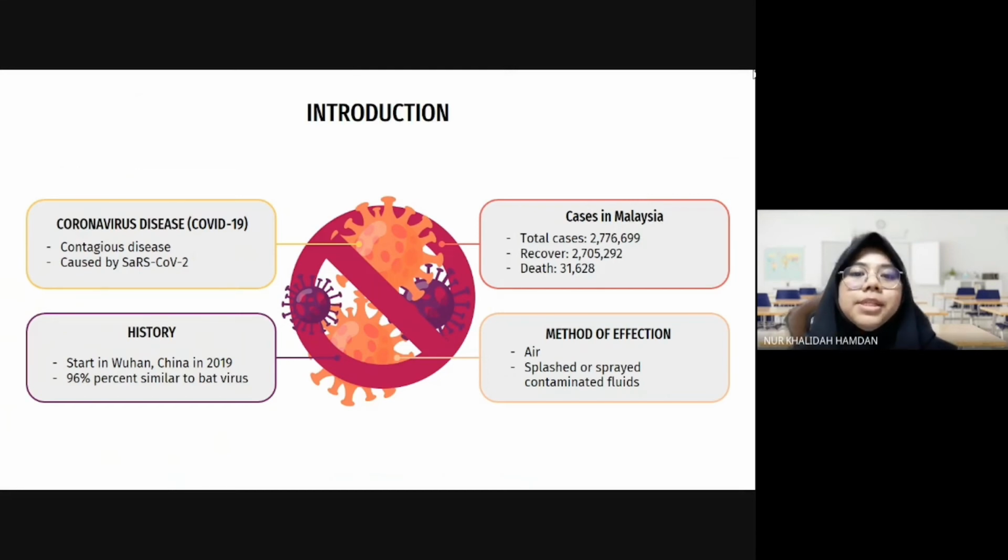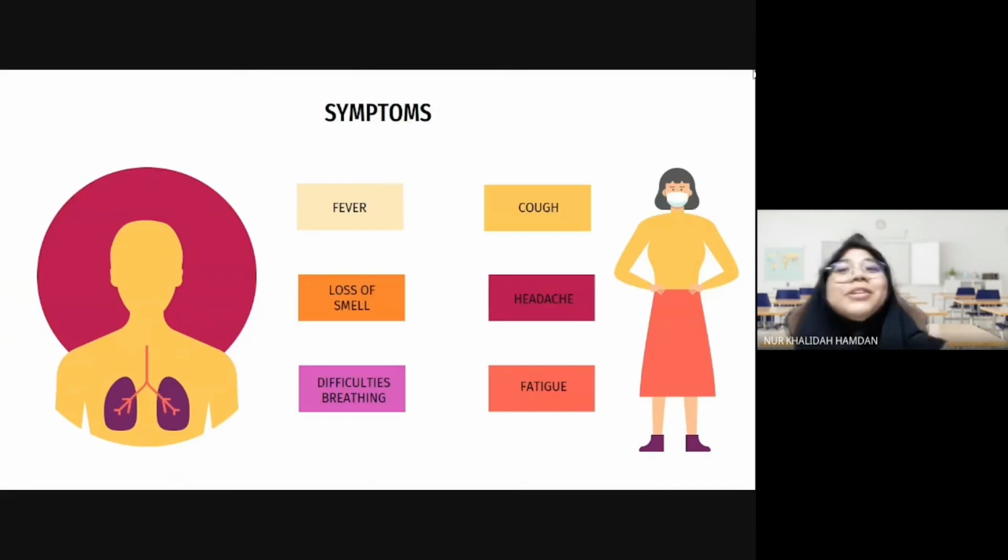Transmission can also occur if splashes or spray of contaminated fluids get in the eyes, nose, or mouth, and rarely via contaminated surfaces. People remain contagious for up to 20 days and can spread the virus even if they do not develop symptoms. Now let's proceed to Reha.